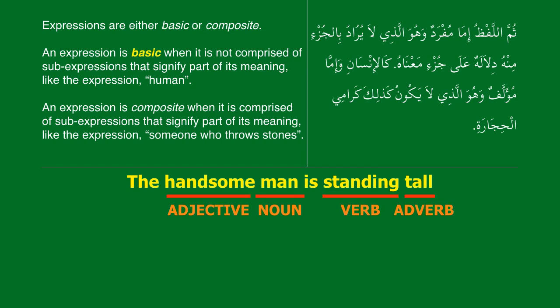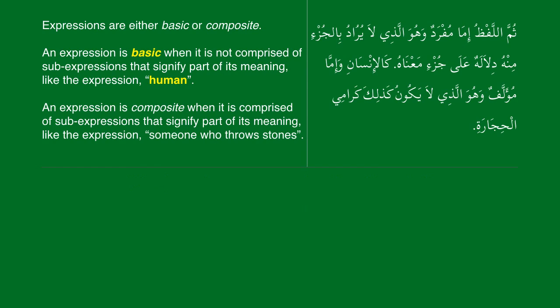In the Arabic language they would label the parts of speech in a different way, but the idea of having a basic expression which is going to be composed into a composite expression, what we want to focus on is the mental meanings that are signified, because those, as we've said many times, are language independent. So the example that Athiruddin al-Abhari gives for a basic expression is human.